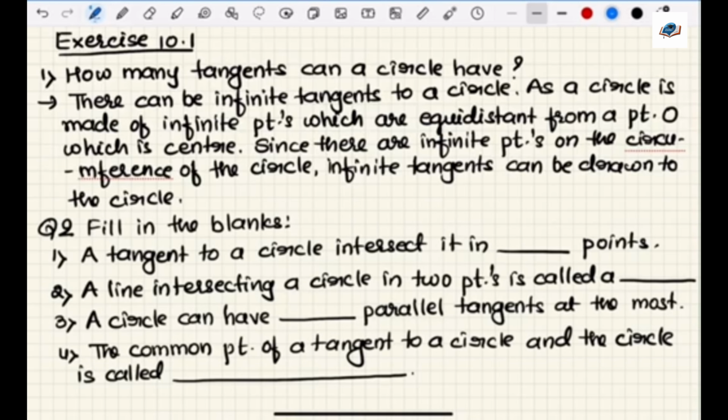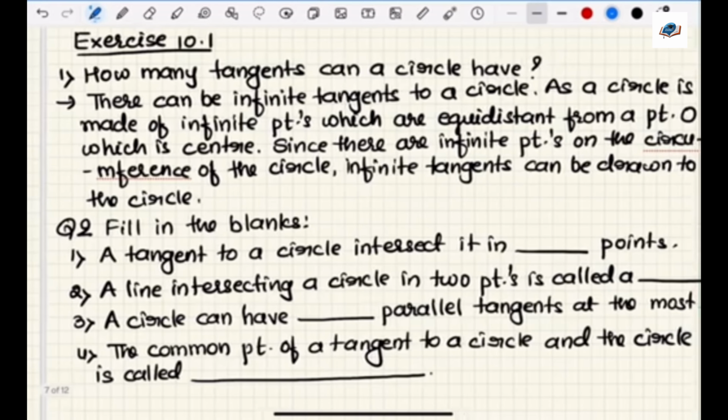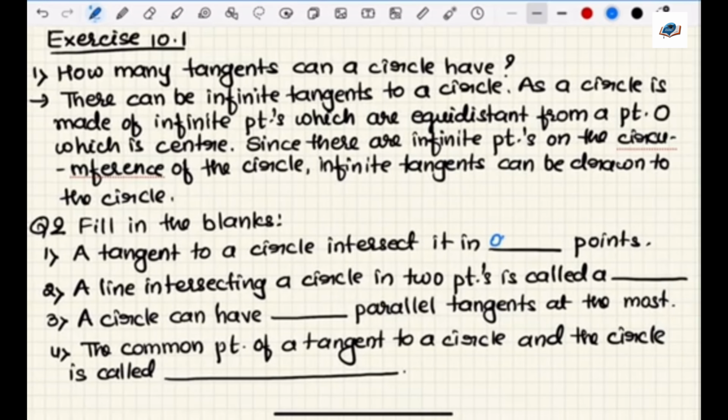Now, question 2 says fill in the blanks. A tangent to the circle intersects it in dash point or points. So the answer will be 1 point. Then second one says a line intersecting a circle in 2 points is called. So this is the definition of secant.